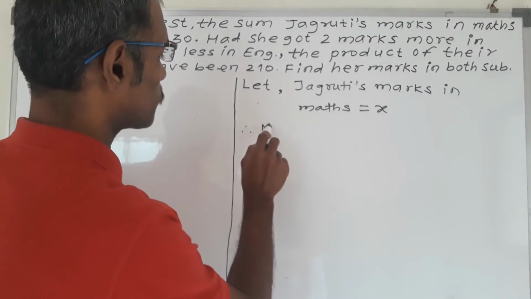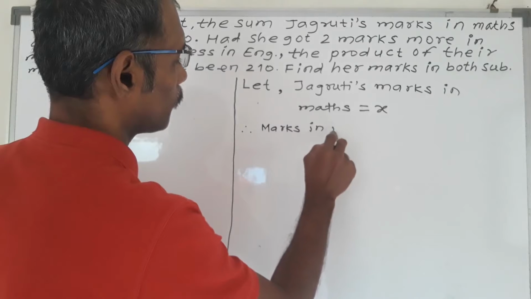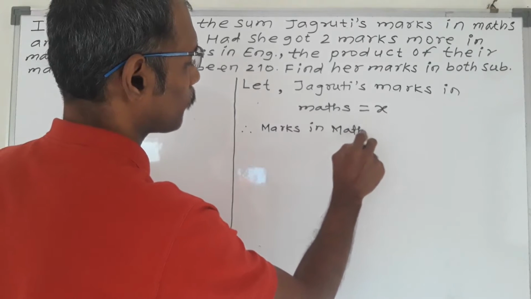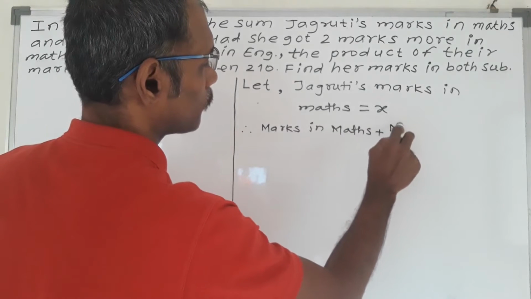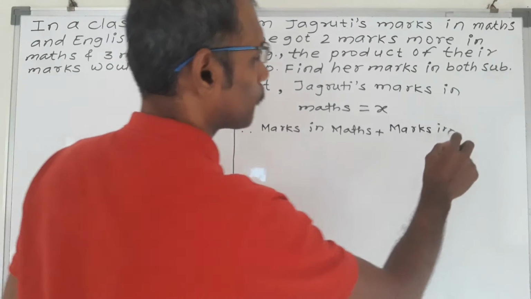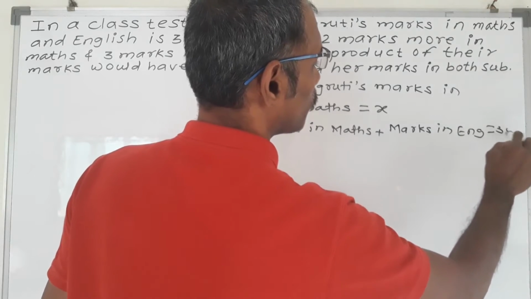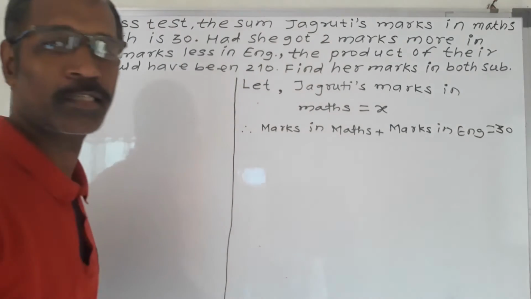Means marks in maths plus marks in English is equal to 30. Total marks 30.